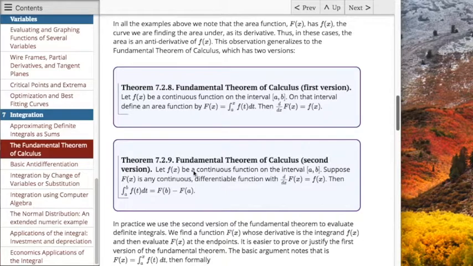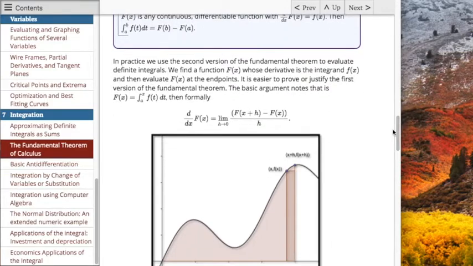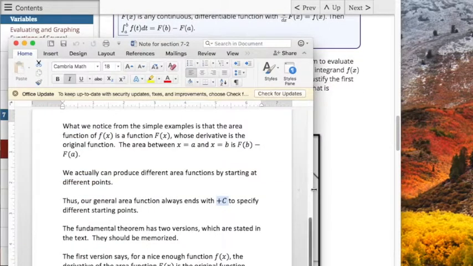The second version says I have a continuous function on the interval and I take any function that's an antiderivative. Well, if I do that, then I can find the area by evaluating the antiderivative at the two endpoints and taking the difference of the two. So this gives us the fundamental theorem of calculus.